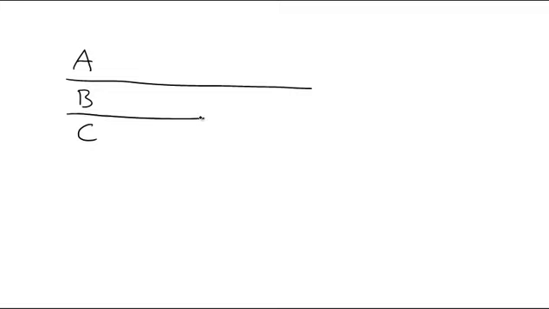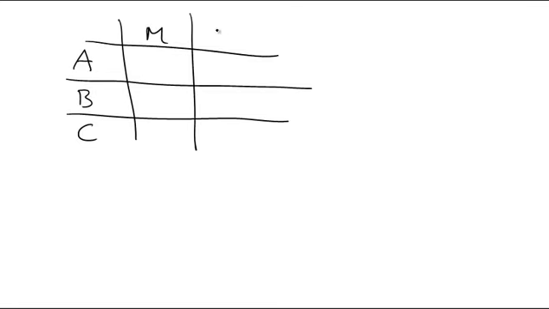So let's say we've got a real simple scenario. They have characteristic A, B, and C, and we'll call them male and female.